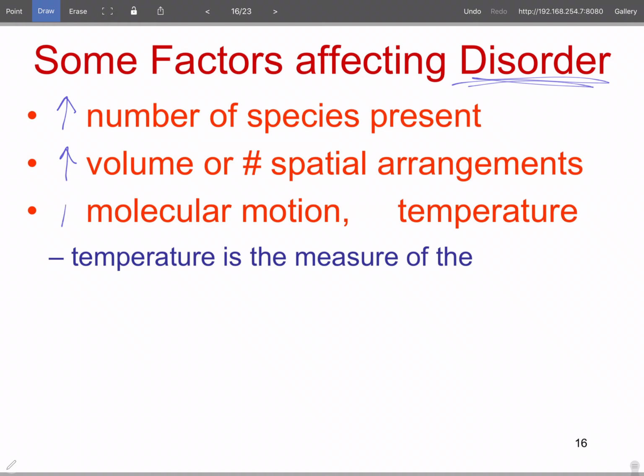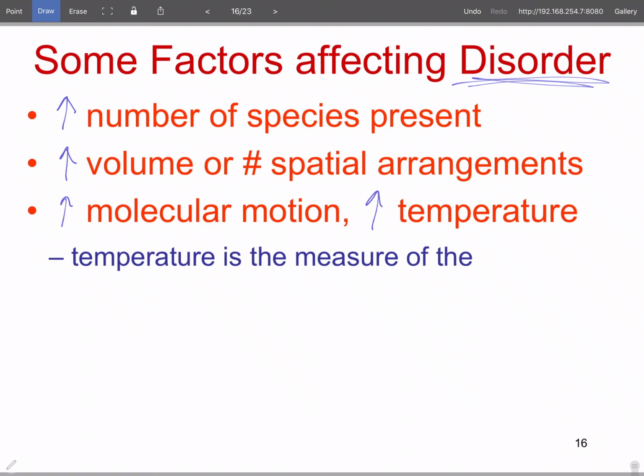And the last one, which is actually kind of the one of last resort because it's the least amount of randomness, is the molecular motion. As you increase temperature, you increase the molecular motion. So temperature actually plays a huge effect if it's a gas, but if it's a liquid or a solid, it's not as important.